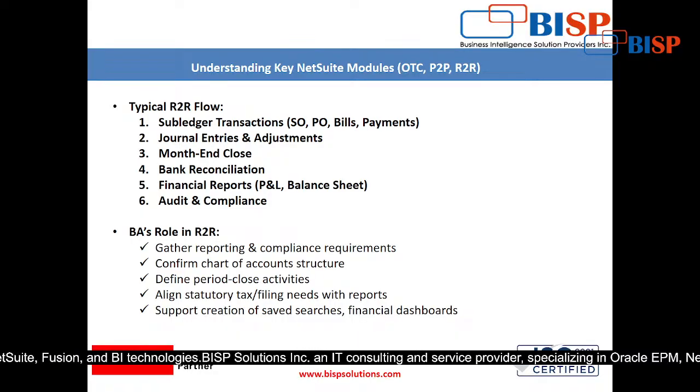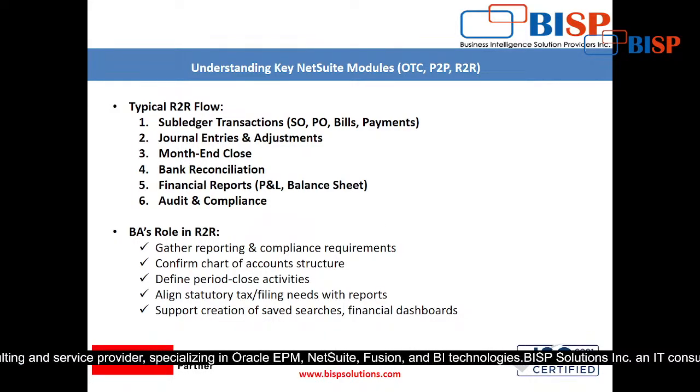Okay, now the question arises, what is the role of the BA? First of all, we will see the typical R2R flow. Sub-ledger transactions: as soon as sales orders, purchase orders, bills, and payments are done, journal entries are automatically created in the background.